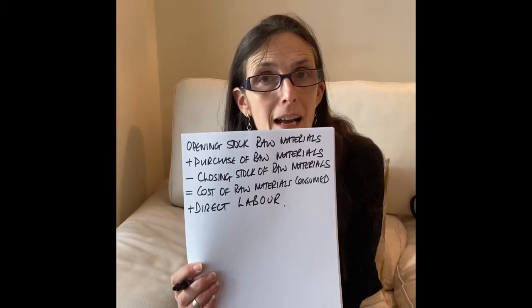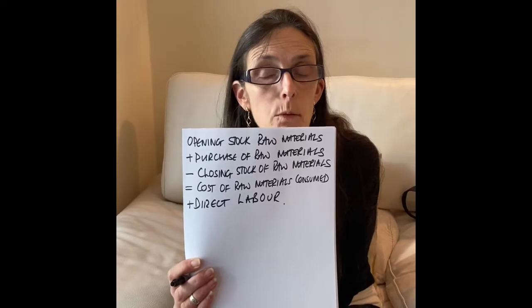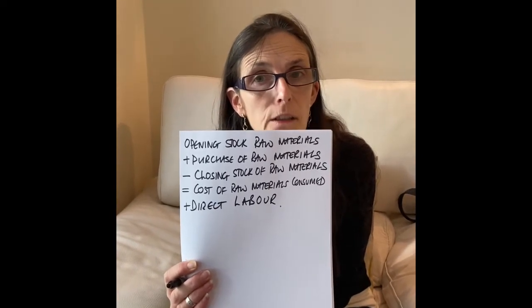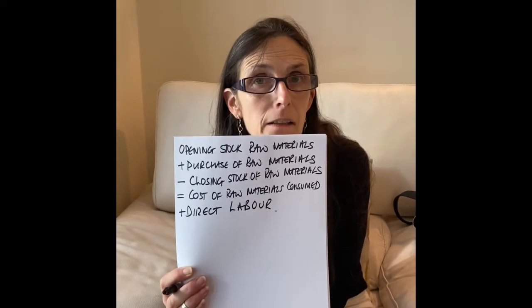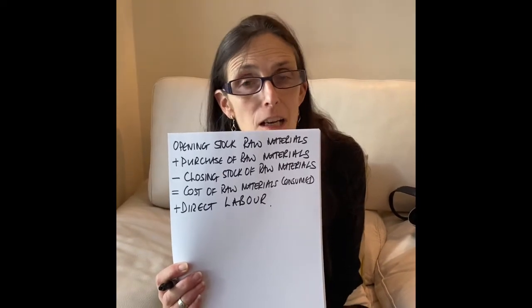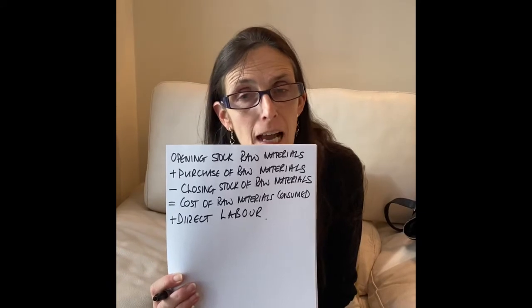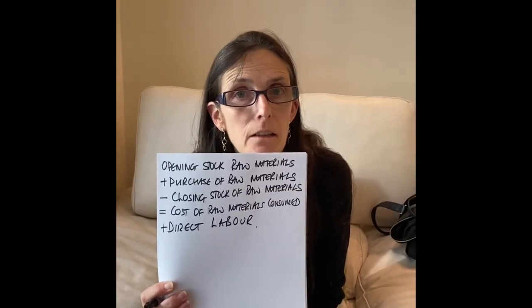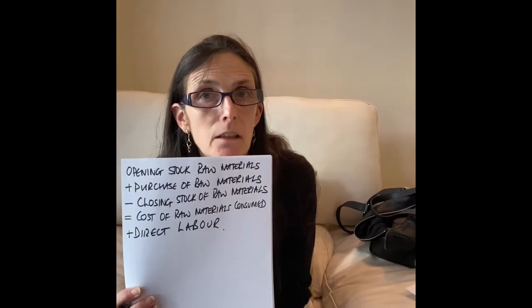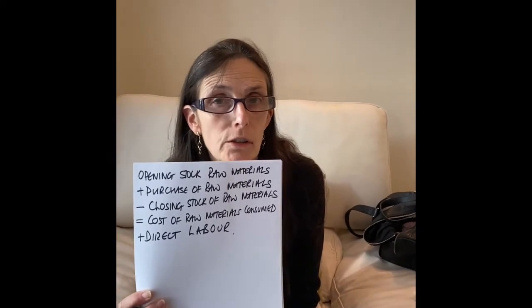We also did mention that there are also things called direct expenses. These don't come up very often in the exam, but if we had a direct expense, such as a royalty per chair.